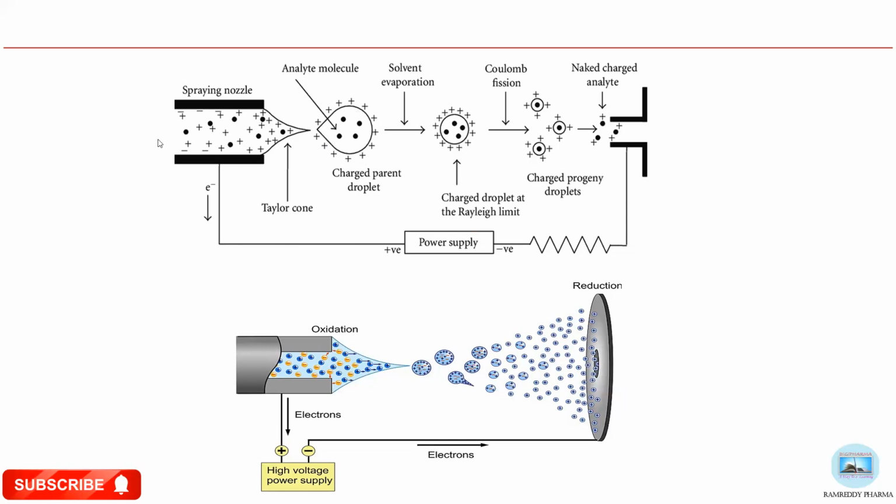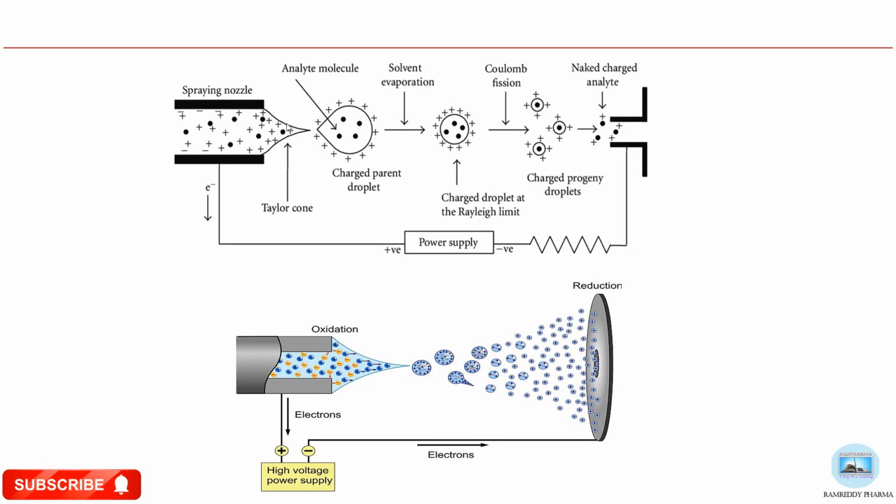The liquid sample containing the solvent and analyte is sprayed from the spraying gun or nozzle in the form of small droplets, and to this gun we apply the electric field. When we apply the electric field, the droplets have some charge.